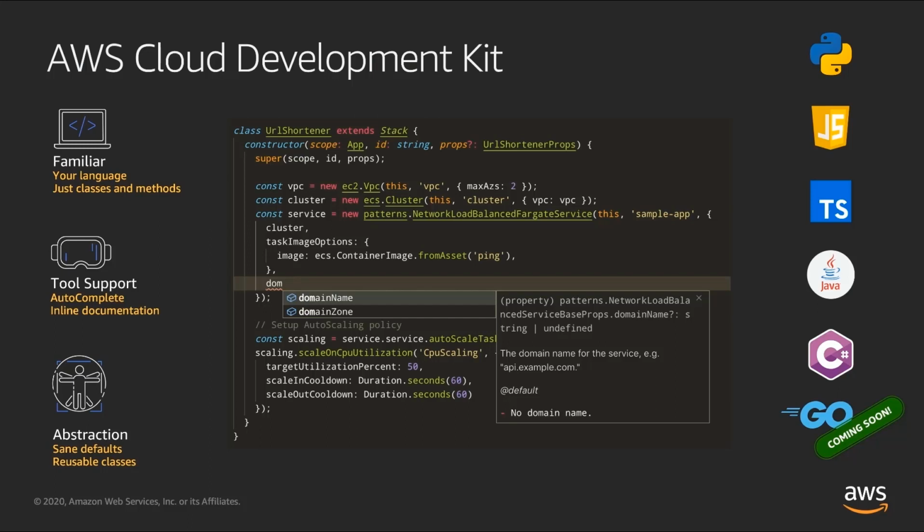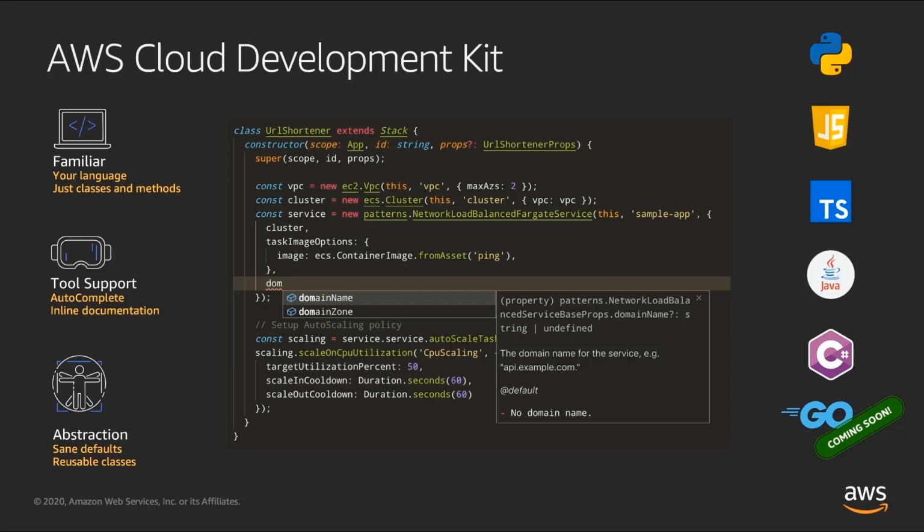As you can see here, we're declaring some constants that allow us to declare our VPC. We're creating new ECS clusters. We're even creating a new Fargate service in this application as well. And you'll see that all of our configuration are just parameters that we're passing to our code. So this is really great because it allows us to, again, keep that same mental model about how we're developing code, just like our infrastructure.